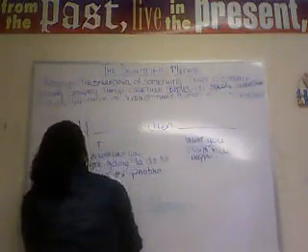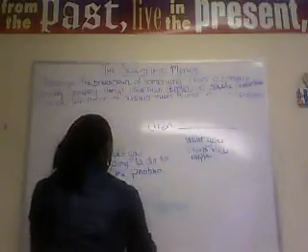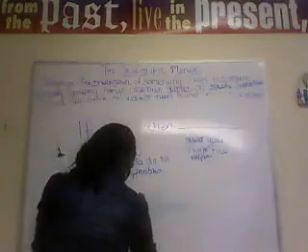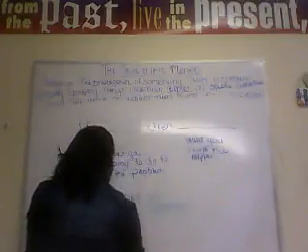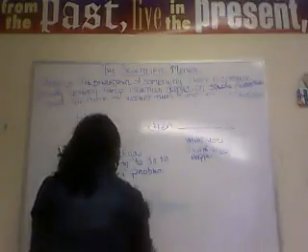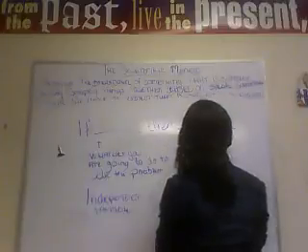The second blank is the dependent variable. This blank is the independent variable. This one is the dependent.